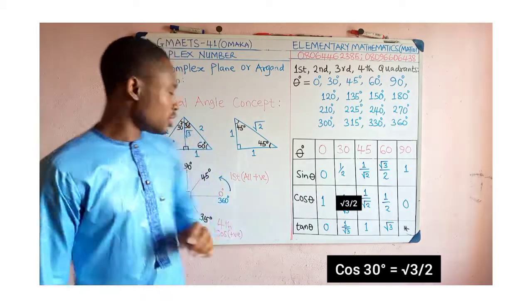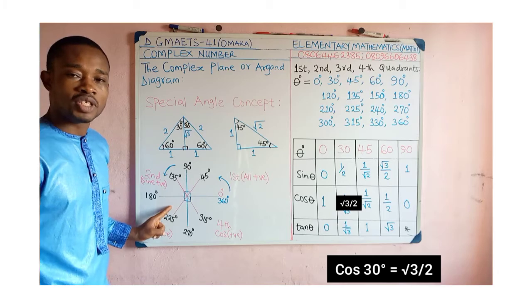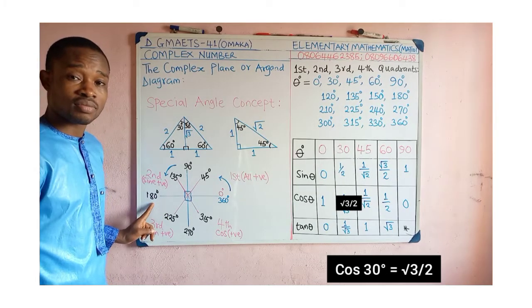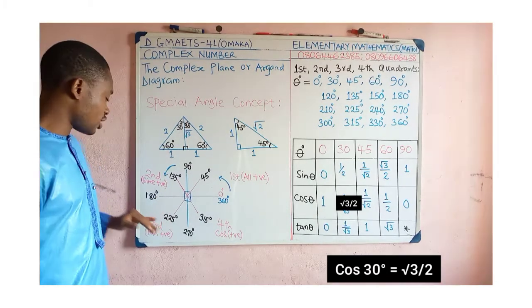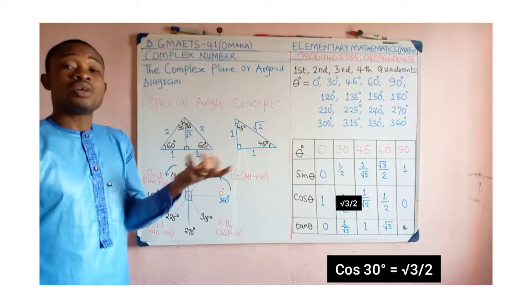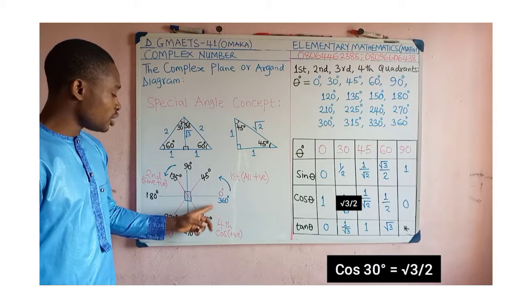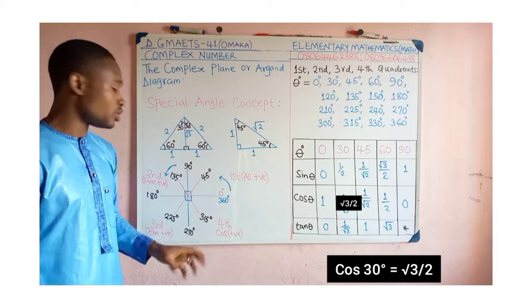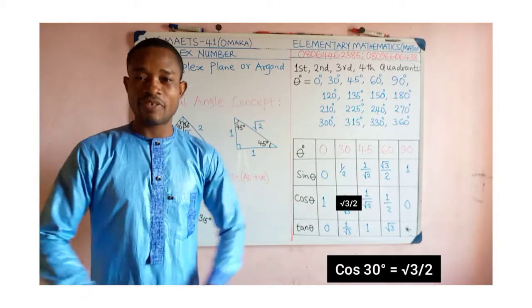Every special angle in the second and third quadrant is subject to the power of 180 degrees, which means from 180 degrees you can get their values. Then every special angle in the fourth quadrant is subject to the power of 360 degrees. What do I mean by that? Let us find out.